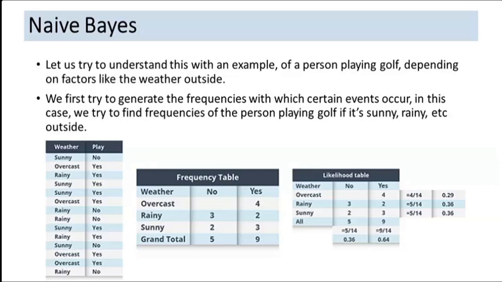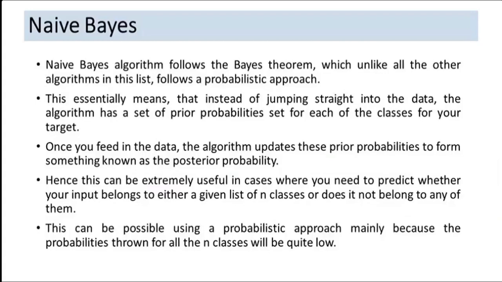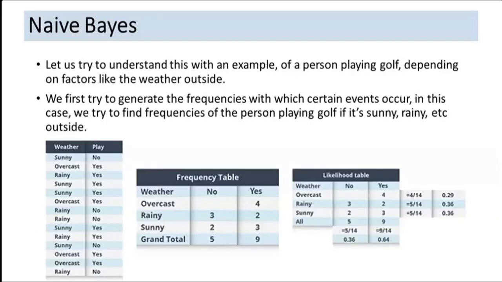Then the likelihood table can be created, as mentioned here, with the prior probabilities and the posterior probability. So what will the likelihood table be? It is generated from the frequency table. From the data gathered for the weather, the probability of yes and no can be identified.